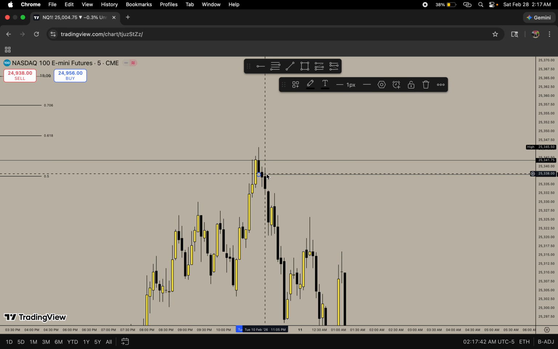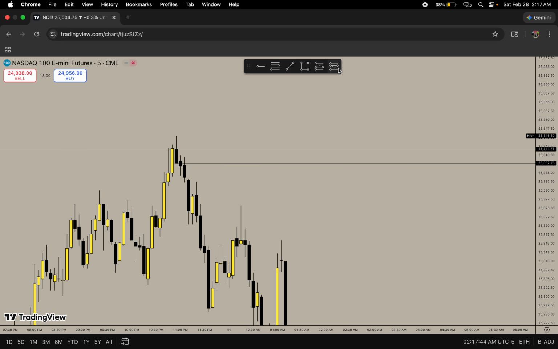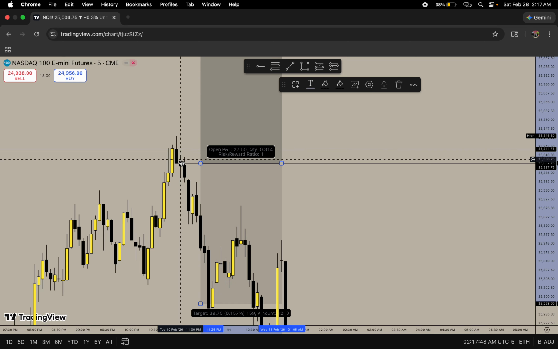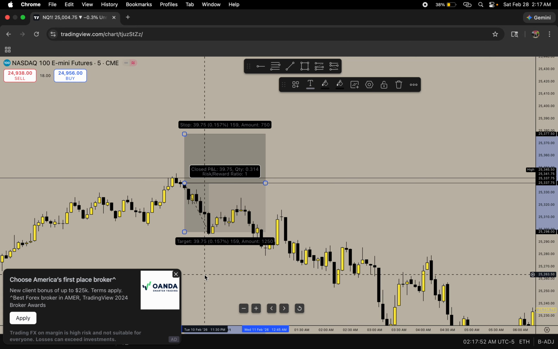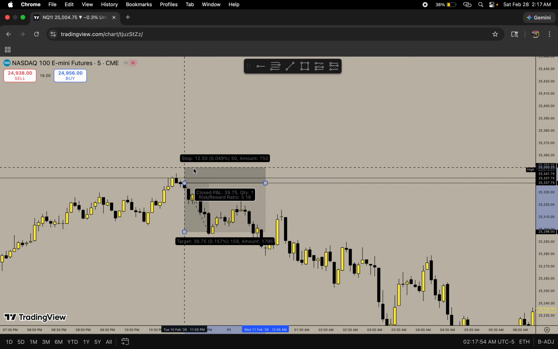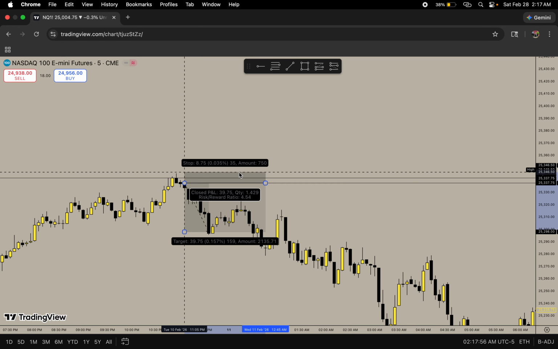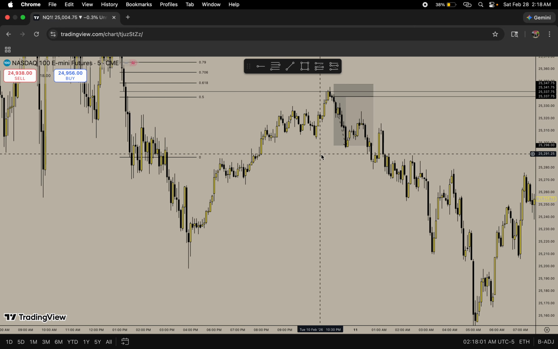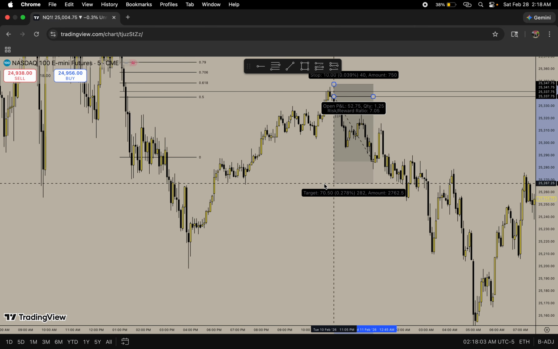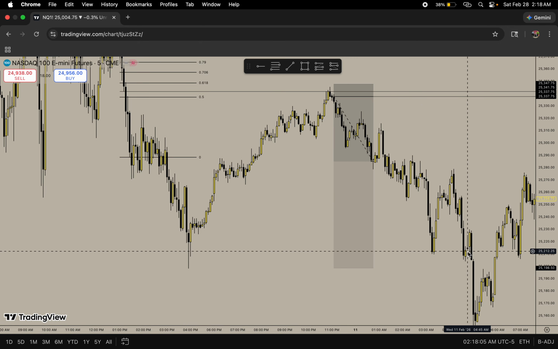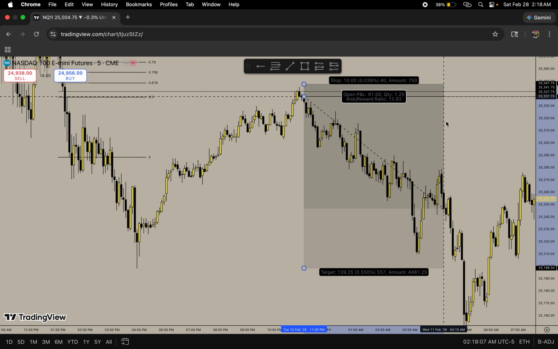Wait for a candle closure. Enter on the retest. Get out of here, so annoying. 10-point stop. Target these lows. Target that low. 139 points. Who's better than you?